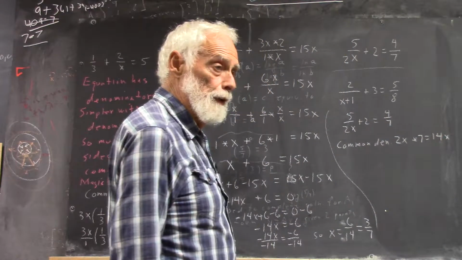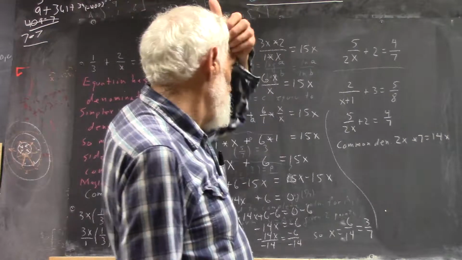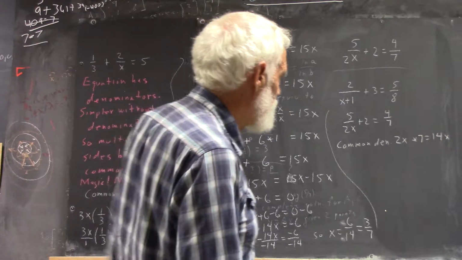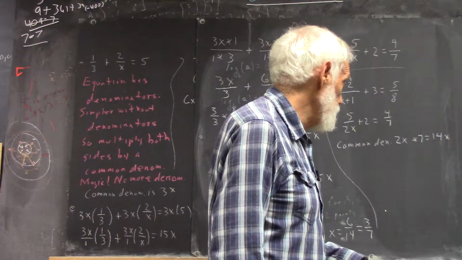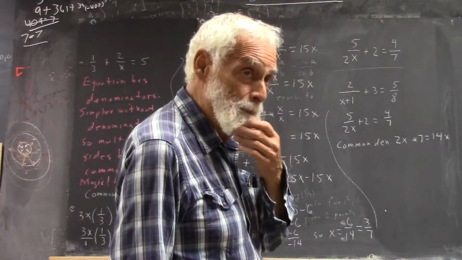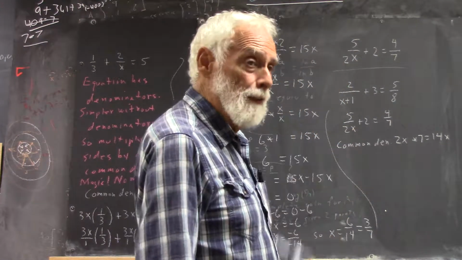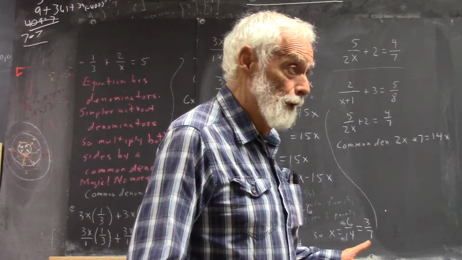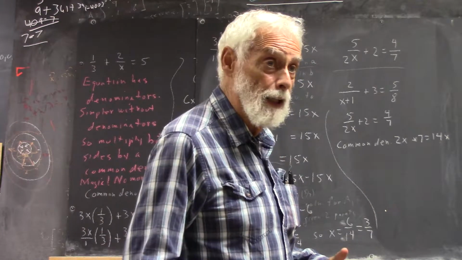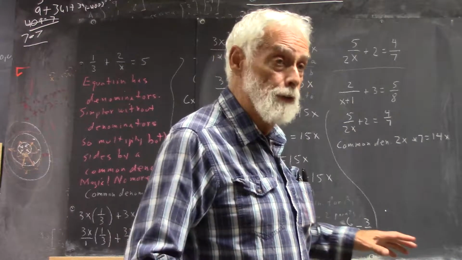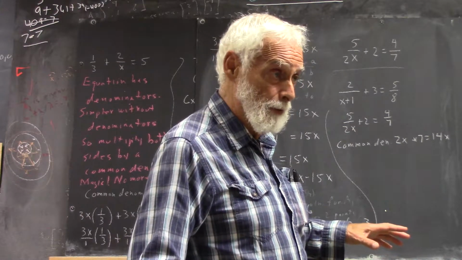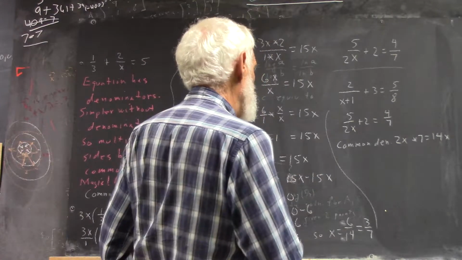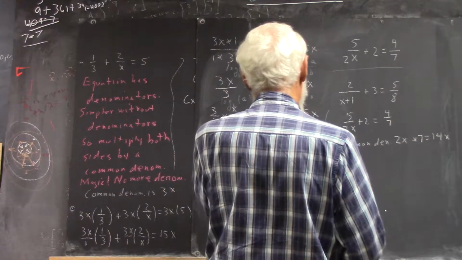That's actually better if you use 7x, which is also a common denominator, but I don't want to get into that. But if you understand that 7x would be your least common denominator, then by all means you can use that. You can always use the least common denominator. I don't want to confuse the issue with least common denominators right now, so I'm not going to, but later on we will. Okay, so there's your common denominator.